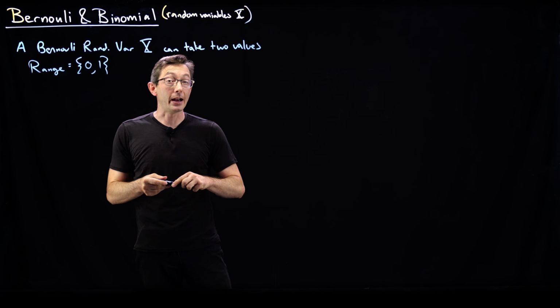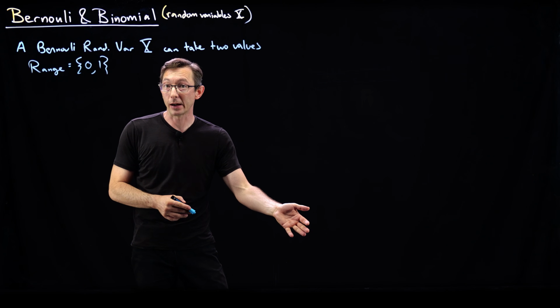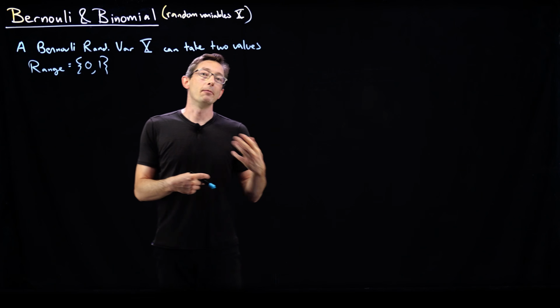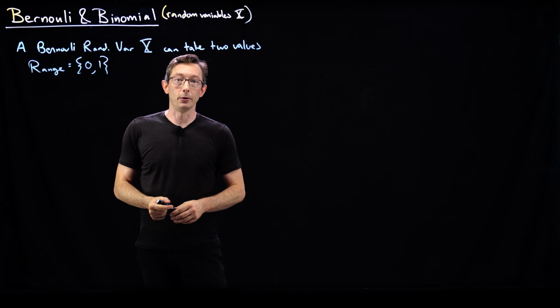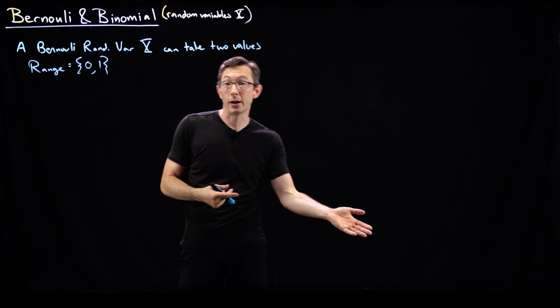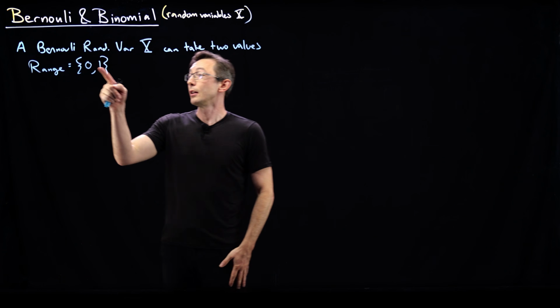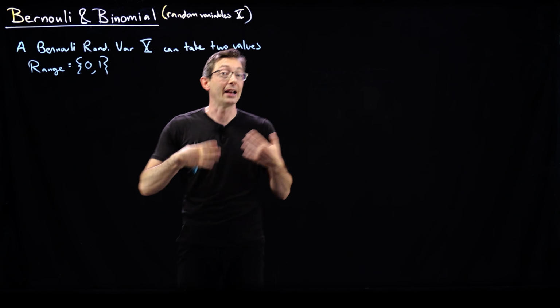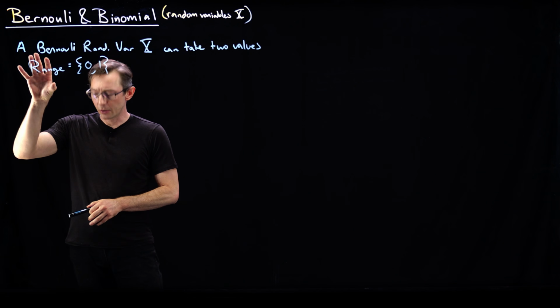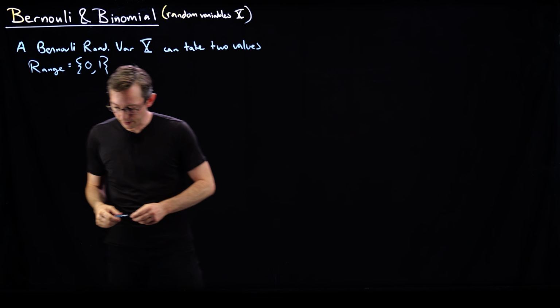I could also define my dice roll as a random variable if my random variable is, did I get a 6 on that dice roll? If my random variable is whether or not I got a 6 on that dice roll, the range would be a 0 or a 1. 0 means I did not get it. 1 means I did get it. Okay, so the range is either 0 or 1.